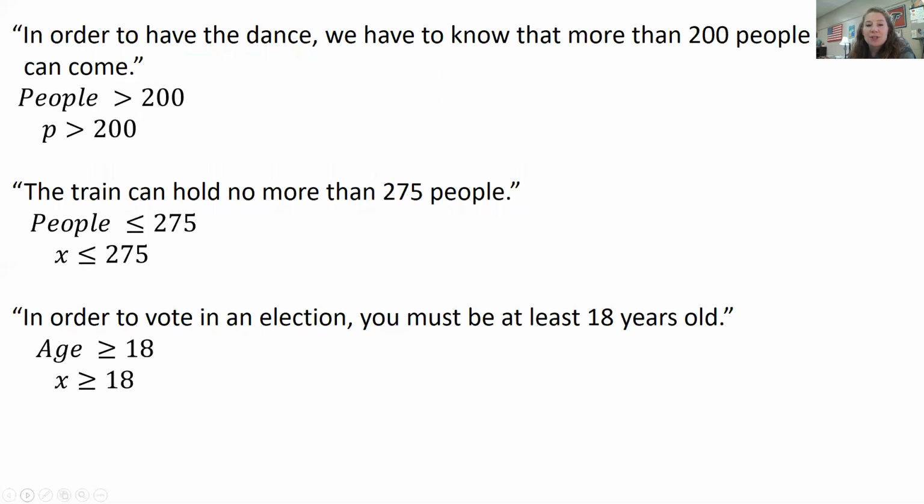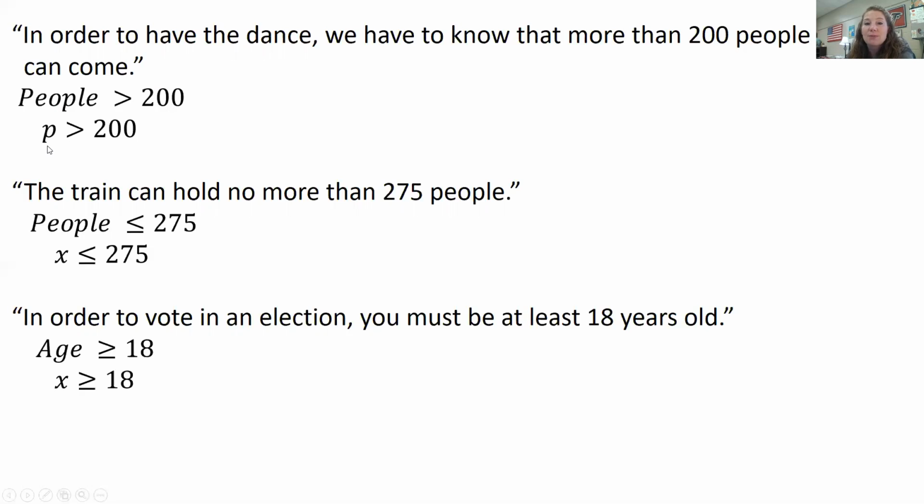All right, what about the school? If we're going to have a dance, we might say in order to have a dance, we have to know that more than 200 people can come. That doesn't mean we can have a dance if 200 people come, right? We have to have 201 or more. So the amount of people has to be greater than 200.